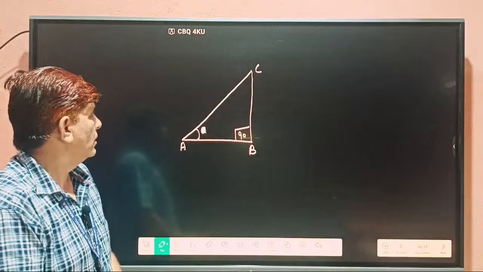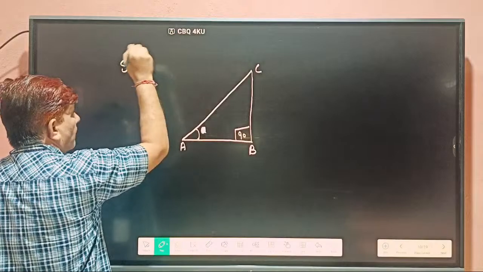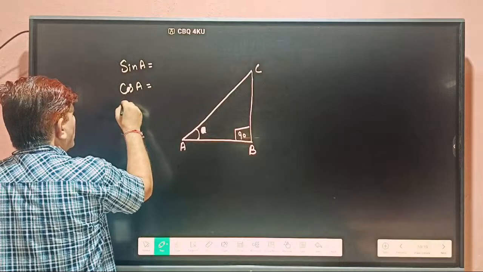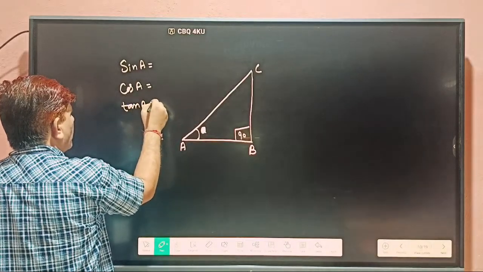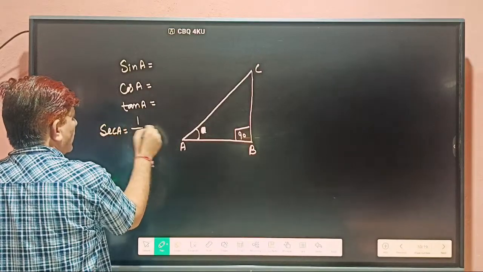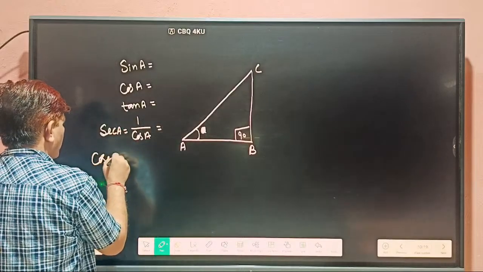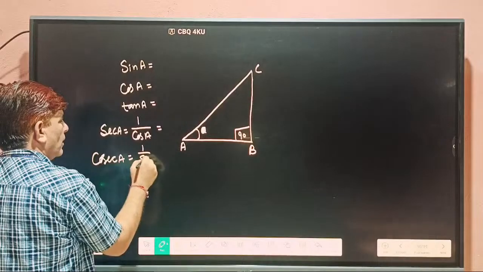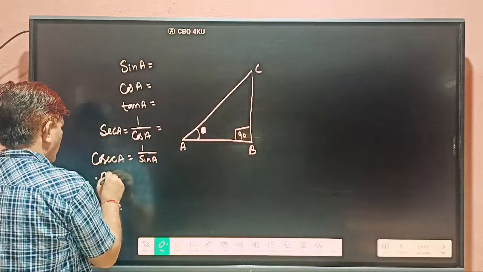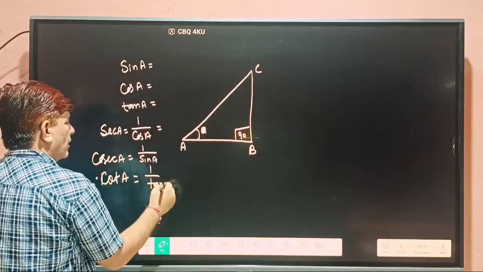I have to find out sine of A, cos of A, tangent of A. Then we have to find out secant of A. Secant of A I can directly write as 1 by cos A. Cosecant of A is 1 by sine of A. And cotangent of A is directly 1 by tangent.